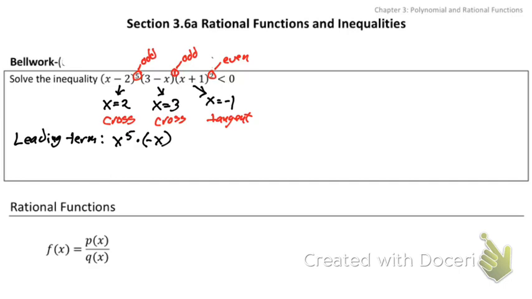And finally, we have x plus 1 squared, so I'm going to take out the x squared. So my leading term is going to be -x to the 8th. Knowing that information, I know the end behavior is down and down.